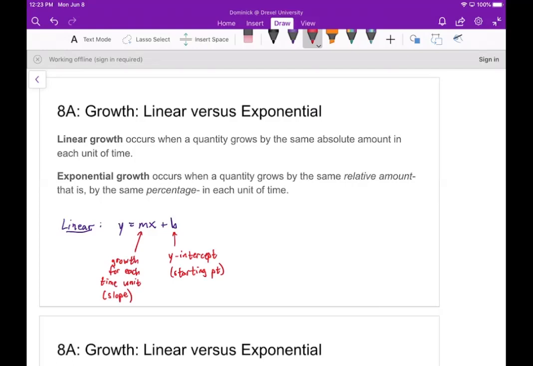Now, exponential growth occurs when a quantity grows by the same relative amount, so by the same percentage in each unit of time. So when you have exponential growth, you have something like this.